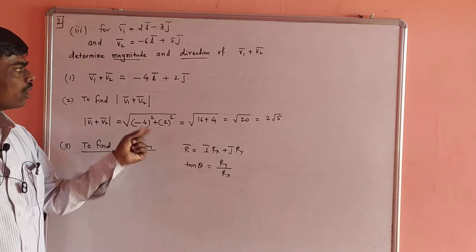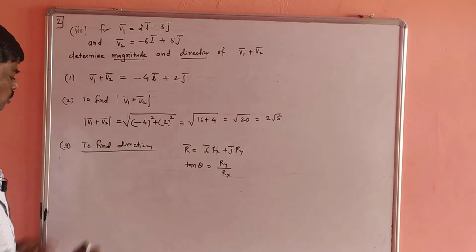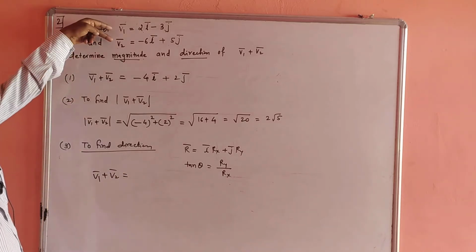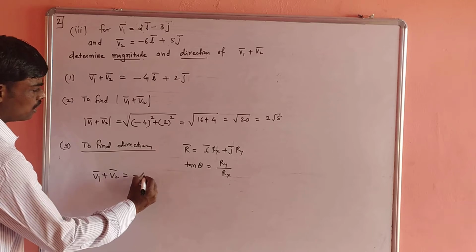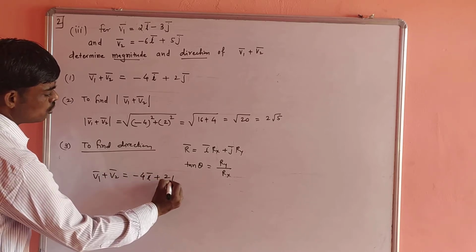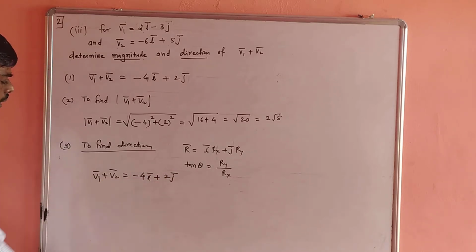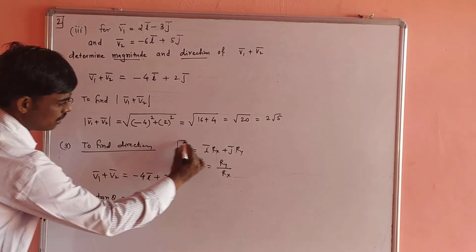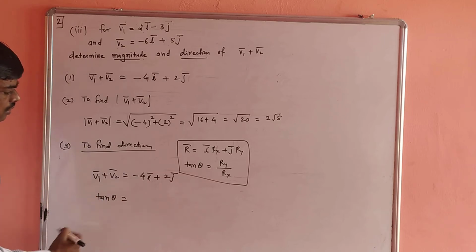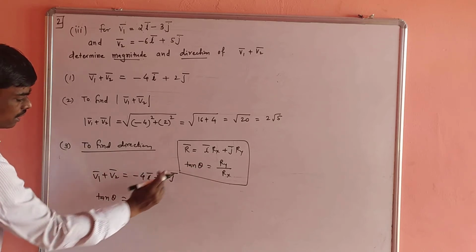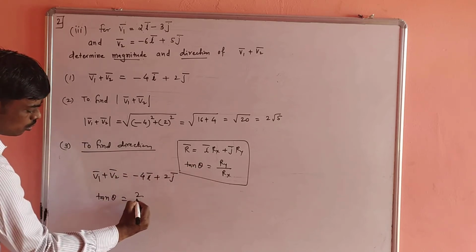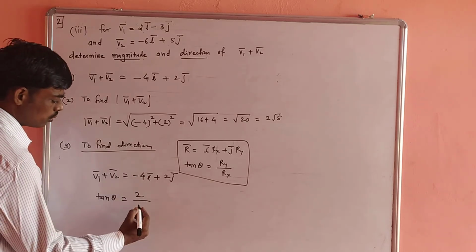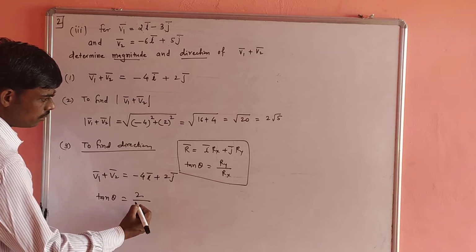So here our vector r is vector V1 plus vector V2, the resultant of the addition of two vectors, and it is minus 4i plus 2j. So how can one find its direction? Again by using the same formula, tan theta is equal to ry, that is 2, by rx, that is minus 4.